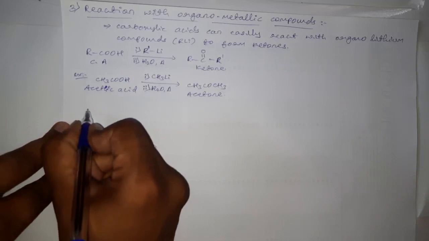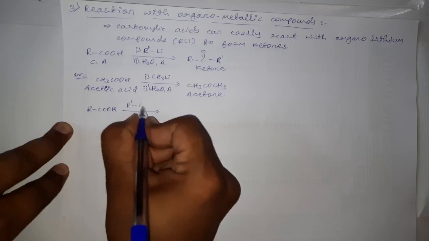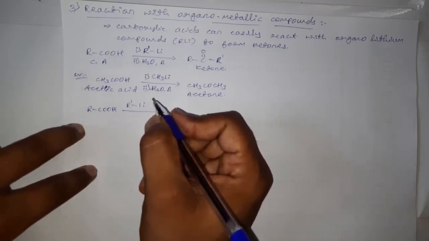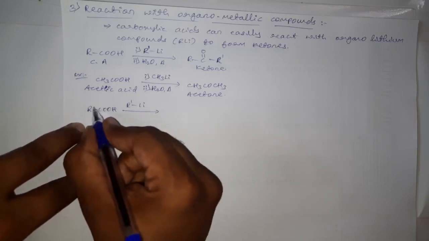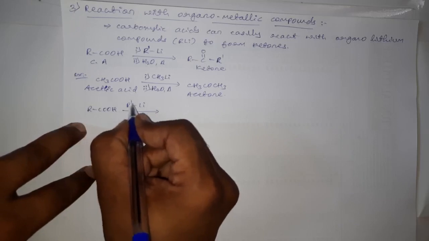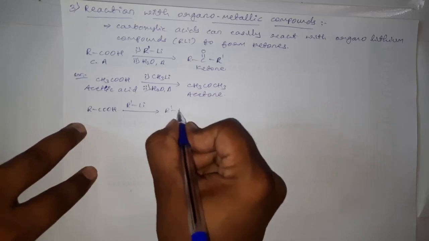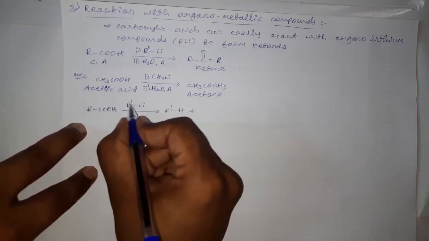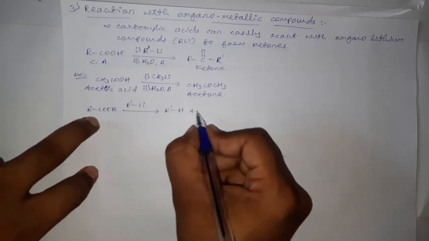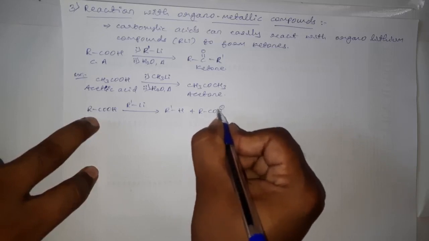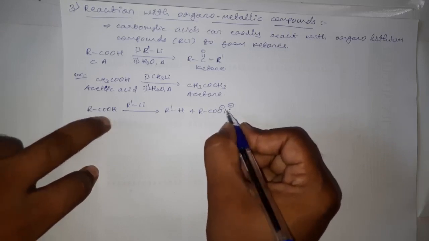See, when the carboxylic acid is treated with an organolithium compound, the alkyl part of the organolithium compound will abstract this proton and forms the corresponding alkane. The remaining part, COO minus, that is a carboxylate ion, will now form a salt with the lithium ion.